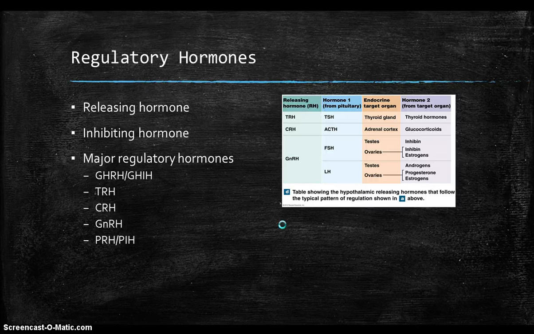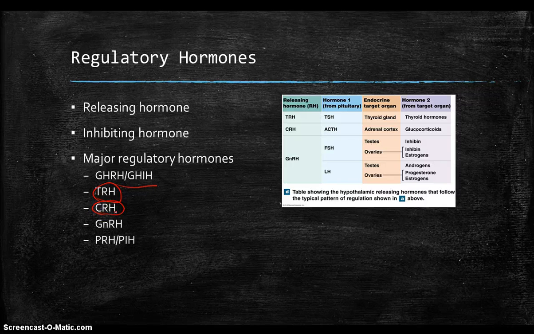Some of the major regulatory hormones are growth hormone releasing hormone and growth hormone inhibiting hormone. These two are going to control the activity of the pituitary in secreting growth hormone. Then we have the thyrotropin releasing hormone, which works with the thyroid gland.